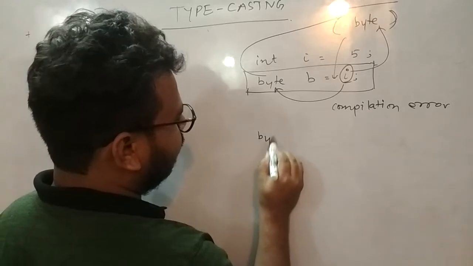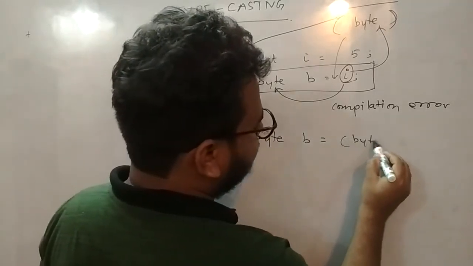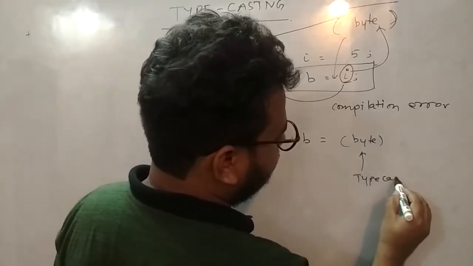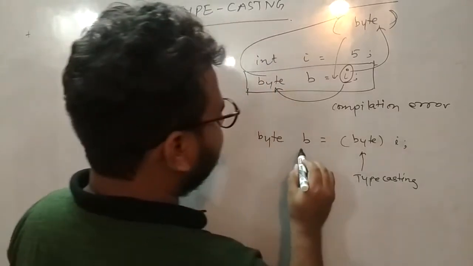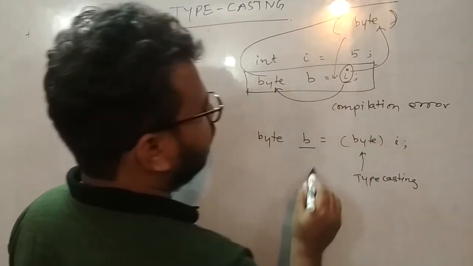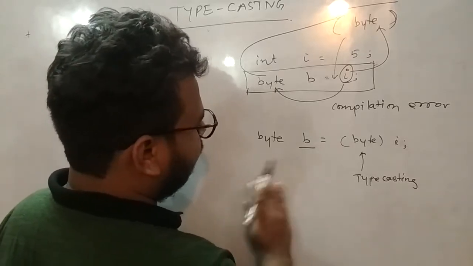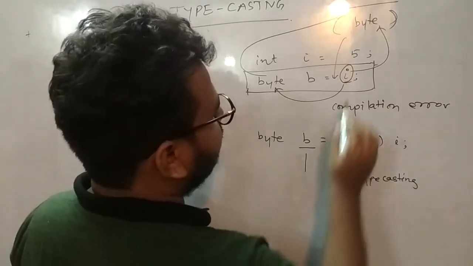Let me write it clearly. Byte b is equal to (byte) i, that is the typecasting here. Now this byte b will store 5. If I print b, it will give me the value of i, that is 5.